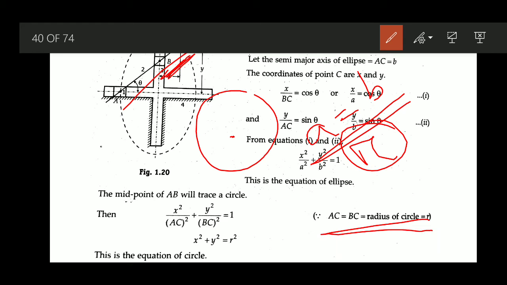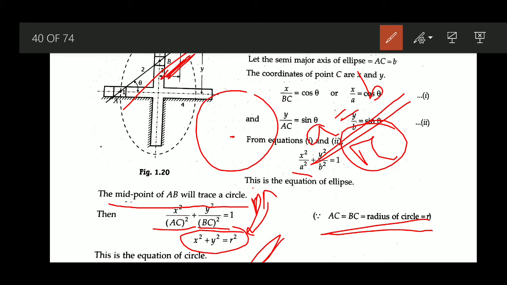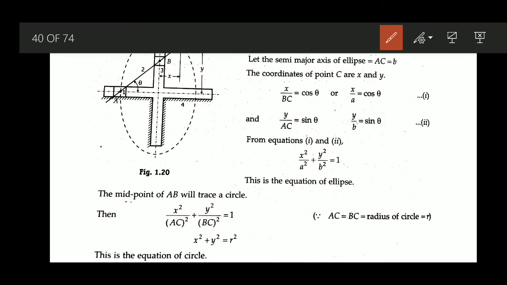In that particular case, x square by a square plus y square by b square equals 1, and since AC equals BC equals the radius, we can write x square plus y square equals r square, which is the equation of the circle. So for the center midpoint of AB, it becomes a circle. It is going to trace a circle. We have also obtained this equation. So this is about the elliptical trammel.